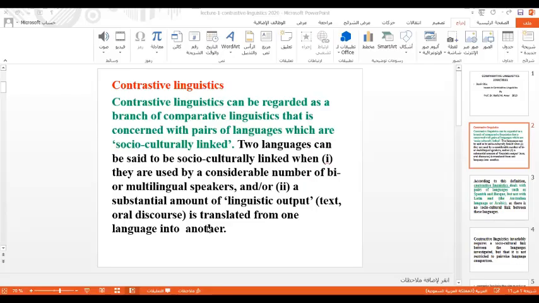Once you speak about discourse, oral or written, you find it is available in English and can be translated into Arabic or other languages. So languages from the same culture are the concern of contrastive linguistics. Languages from different cultures are the concern of comparative linguistics.